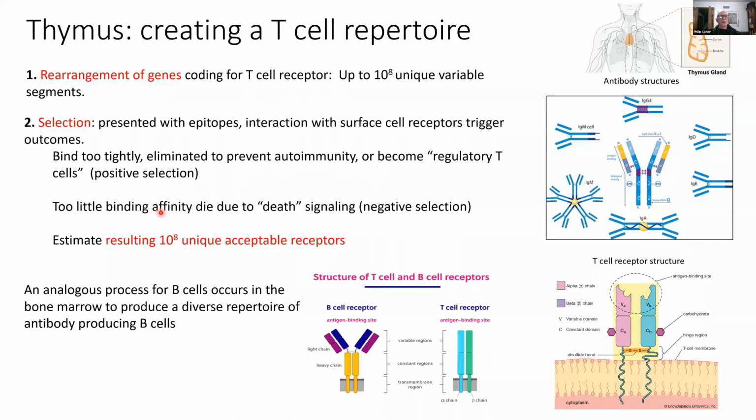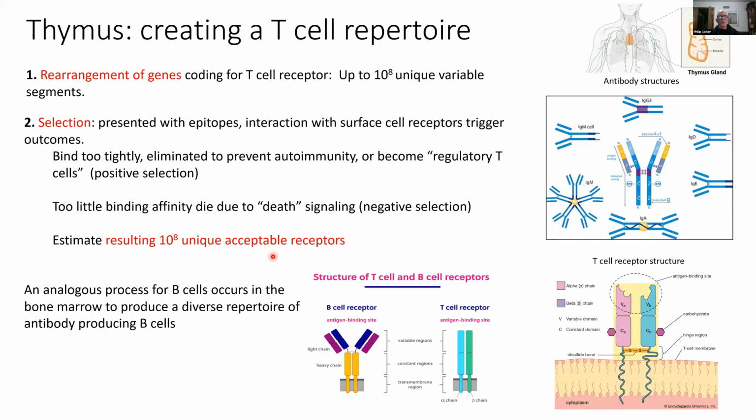If they don't bind at all, then they probably aren't going to be very functional as immune components, and they die. So you have a process that goes on. One is the rearrangement of the genes, and then selection against the individual protein structures that you don't want, and you are left with a repertoire that works.